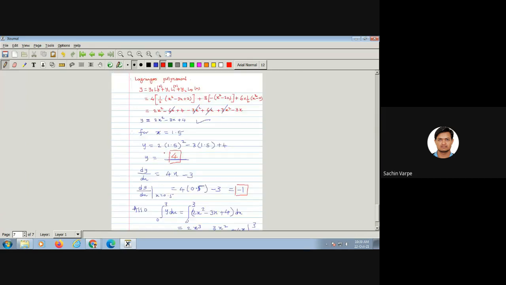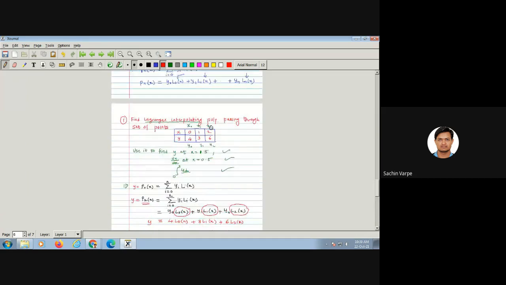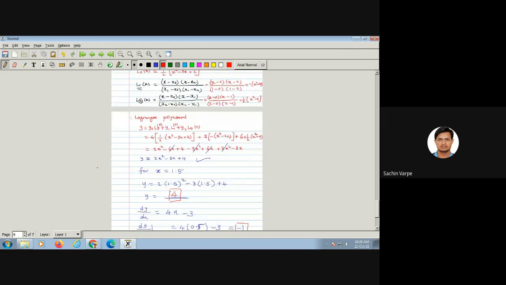So if you are able to visualize, actually these are a set of points. We can plot these points onto the graph, isn't it? But we don't know what kind of curve passes through this set of points. So with the help of Lagrange's polynomial, we got this relation now, and we can plot this relation, right?